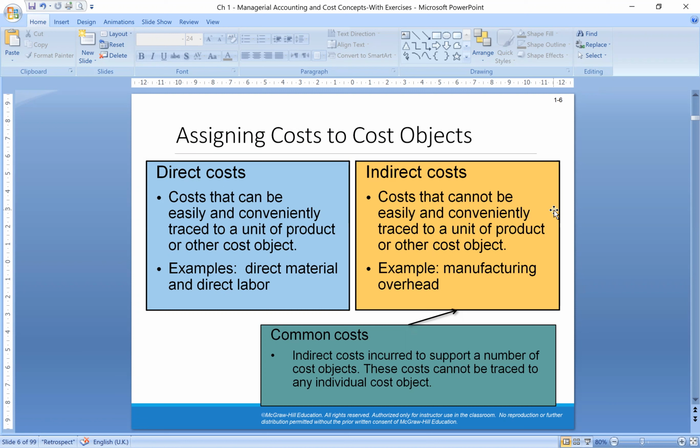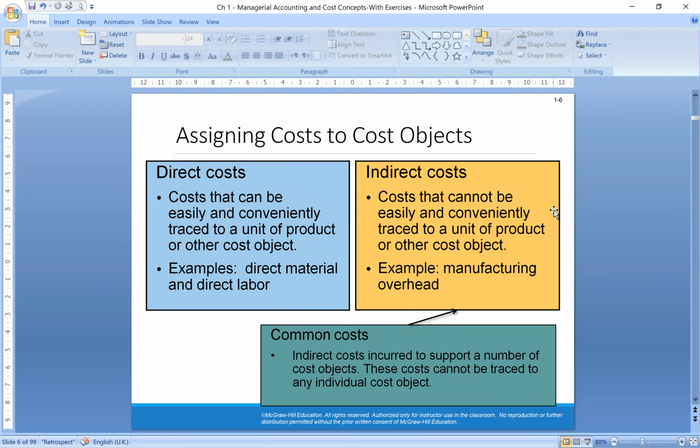Direct costs are the costs that can be easily and conveniently traced to a unit of product or other cost object. For example, direct materials and direct labor are considered direct costs. Let's have an example.